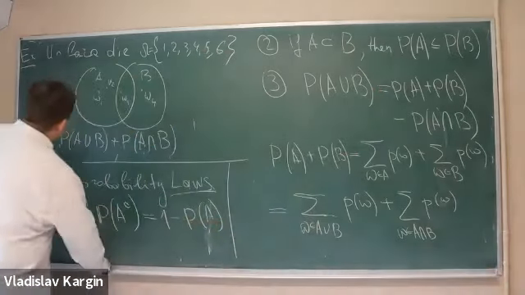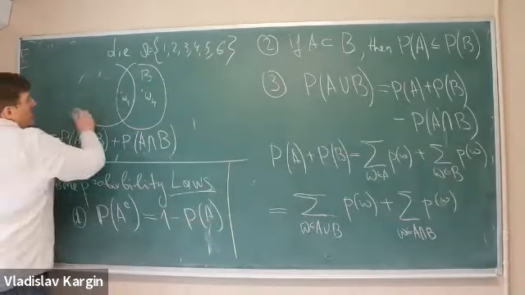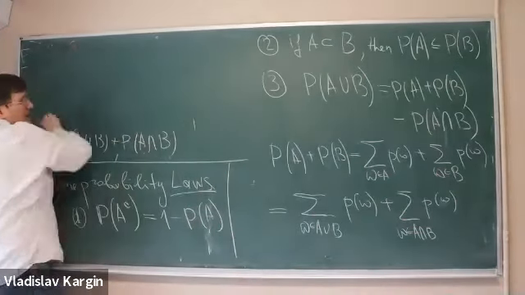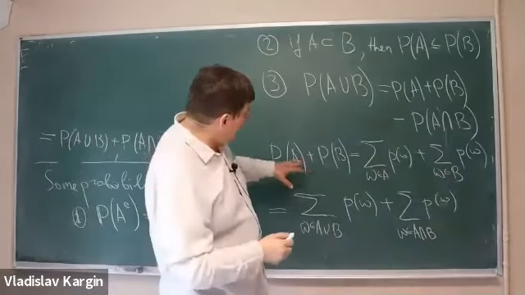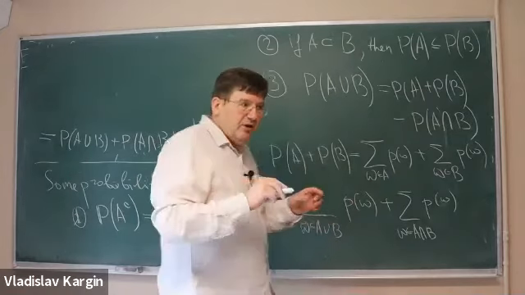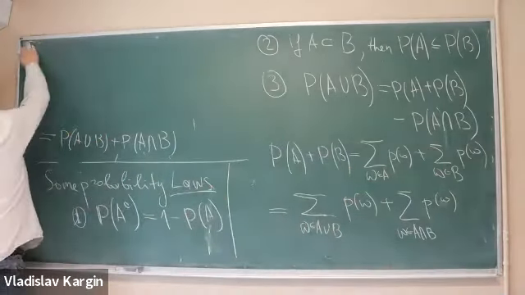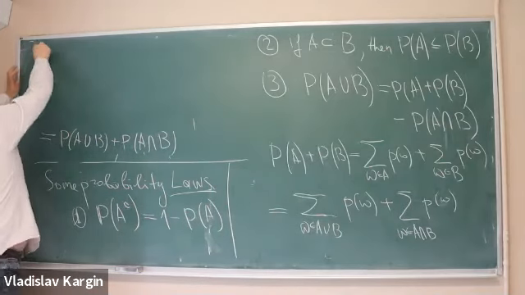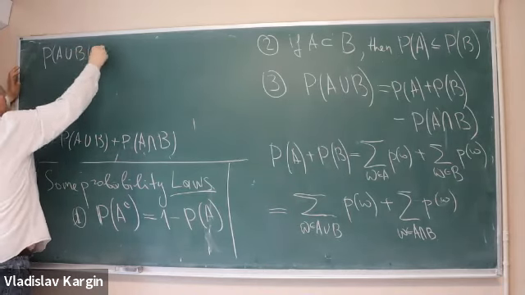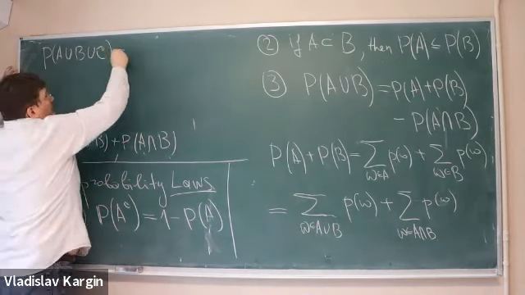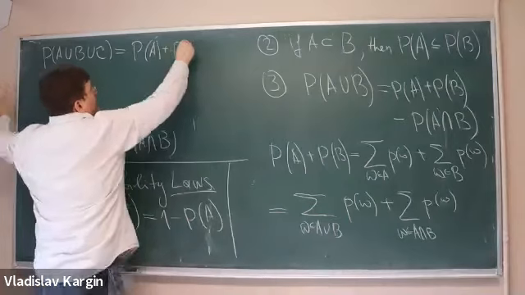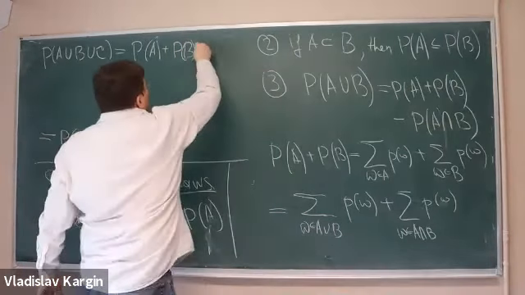There is a formula, and you can get it by a similar approach, looking at sums like that, and figuring out which elements you undercounted and overcounted. So you can write that P of A union B union C, the first thing will be P of A plus P of B plus P of C.